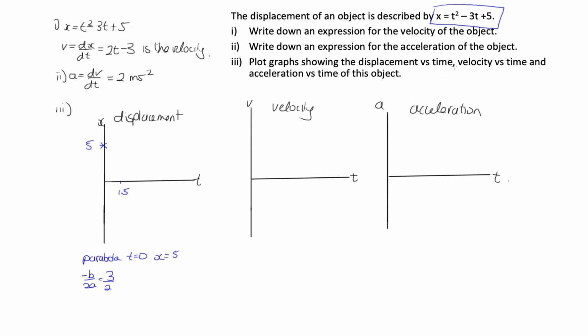Because we've got a positive number in front of the t squared, it's a parabola which is going to curve upwards. Let's work out what the minimum displacement is. That'll be when we put 1.5 into here. So x min is equal to 1.5 squared minus 3 times 1.5 plus 5.